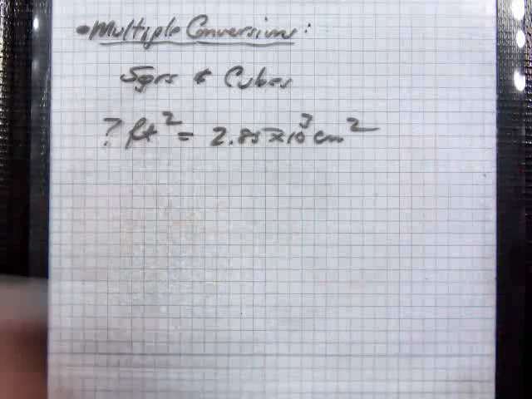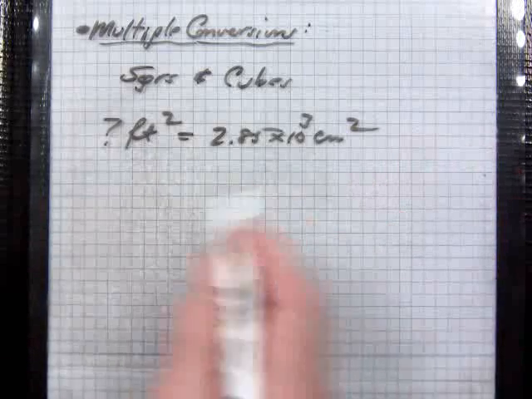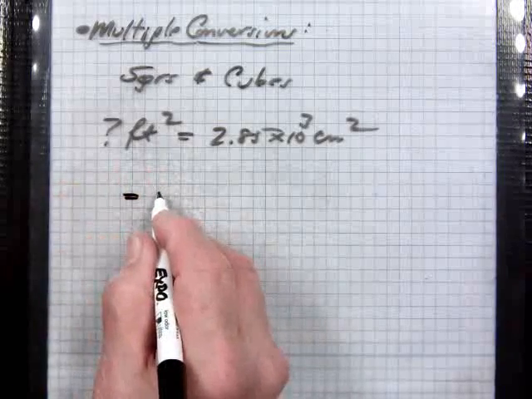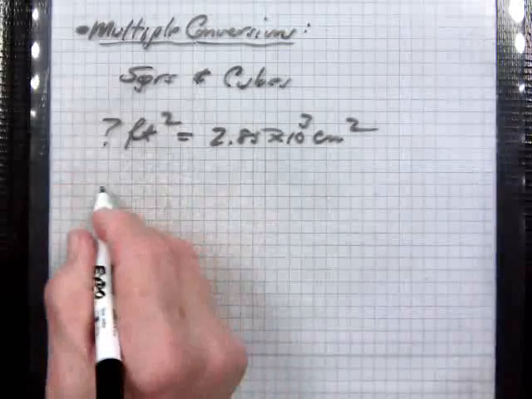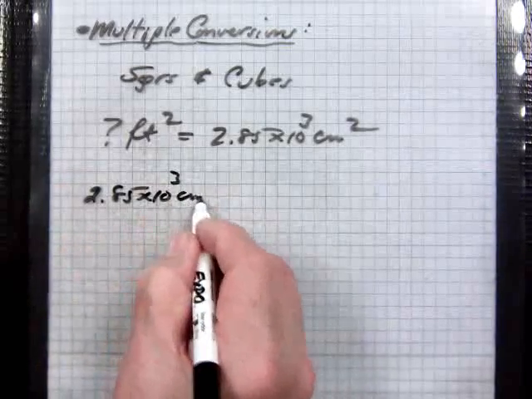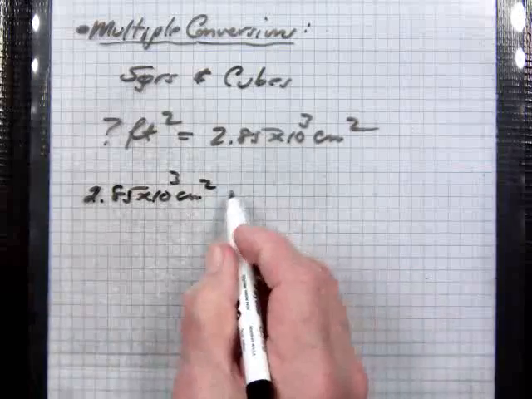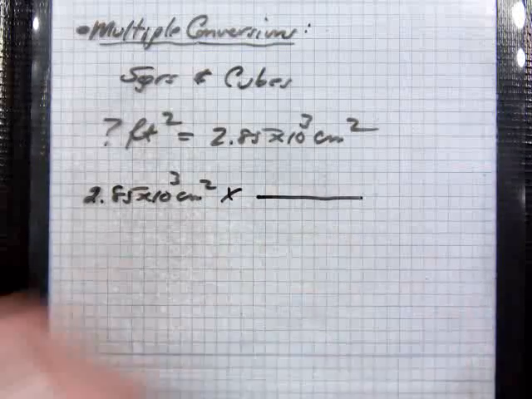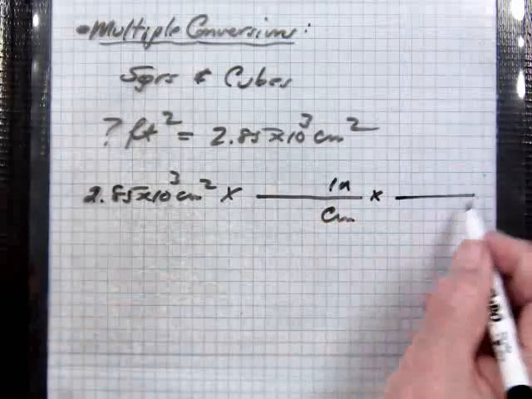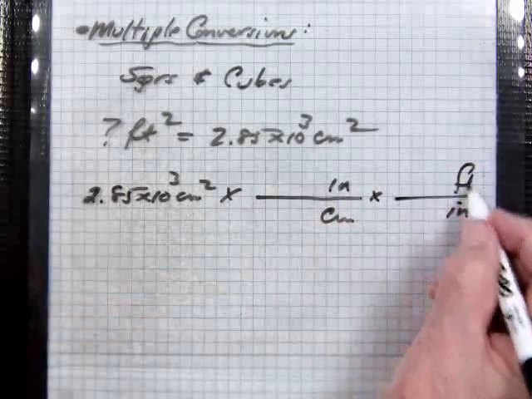I'll show you. So we're going from centimeters to feet. This would be equal to 2.85 times 10 to the third centimeters squared times, centimeters goes to inches, and then inches goes to feet. See that?